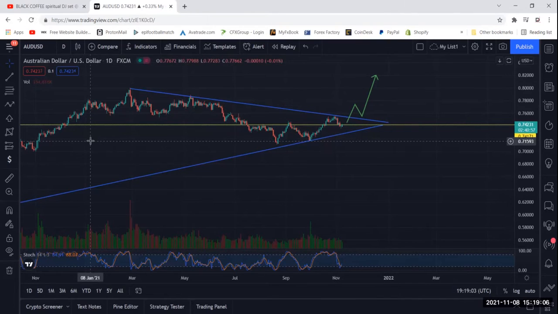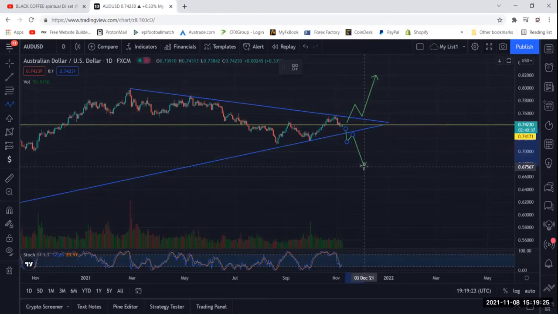The other thing we could see is a bearish breakout, which would mean that price would come down, break below structure, and push back up to test, just like it did to go bullish. These are just principles of the strategy, guys, and it requires patience.